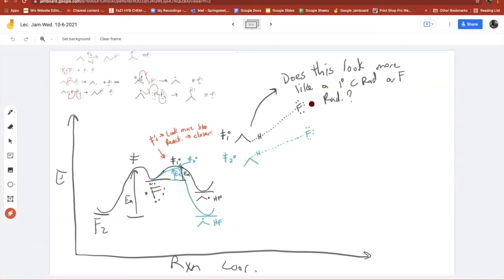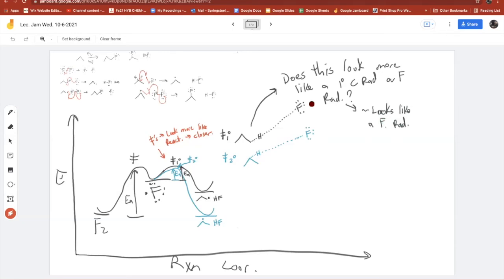I wouldn't say a primary fluorine radical, Ryan, just say fluorine radical, because there's not really. Yeah. So this one, I'll say it looks approximately, basically it just looks like a fluorine radical.